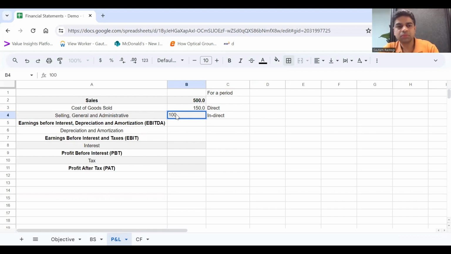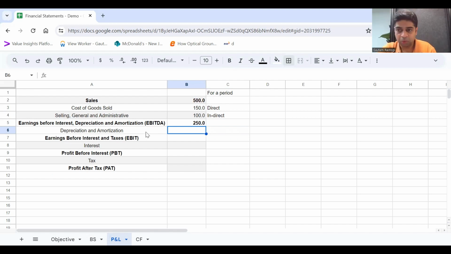So your earnings, just after netting off cost of goods sold and SG&A, is 500 minus 150 minus 100. And the financial term for that is EBITDA, earnings before interest, taxes, depreciation, and amortization, because we've not considered any of it right now.